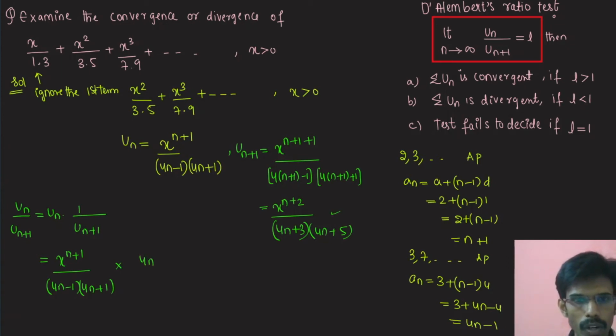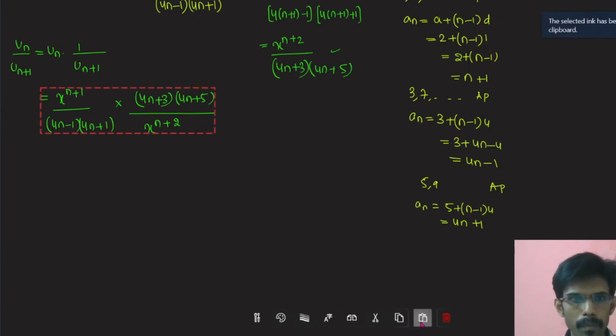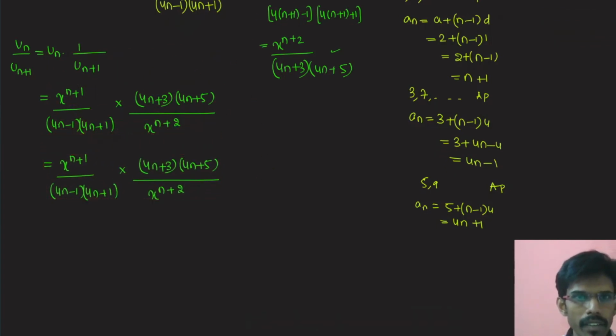Reciprocal will be 4n plus 3 into 4n plus 5 upon x power of n plus 2. Now this x power of n plus 2 can be written as x power of n into x power of 1 into x power of 2, so x power of n will get cancelled.